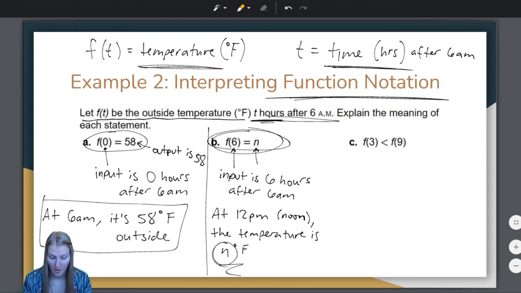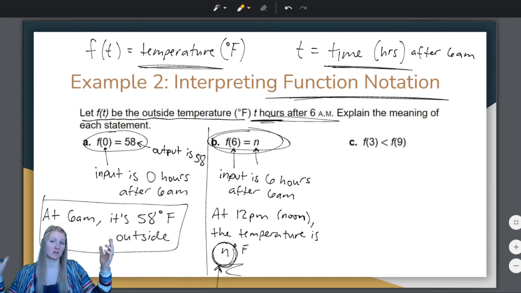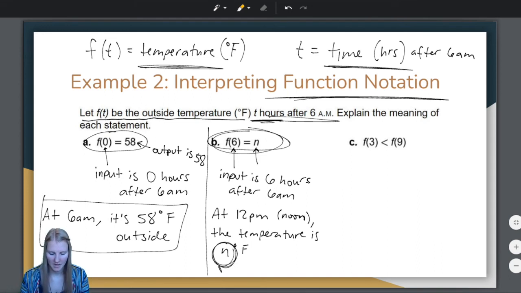But the program doesn't know what the temperature is outside yet. It has to take the temperature. So we're just going to say the temperature is n. Until we figure out what the temperature is, let's call it n. So there are some more potential applications for you. Okay. And that is that part all done.